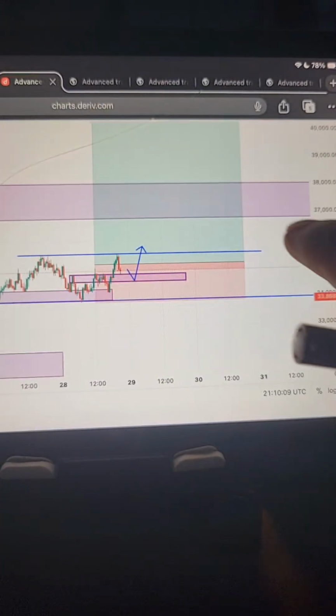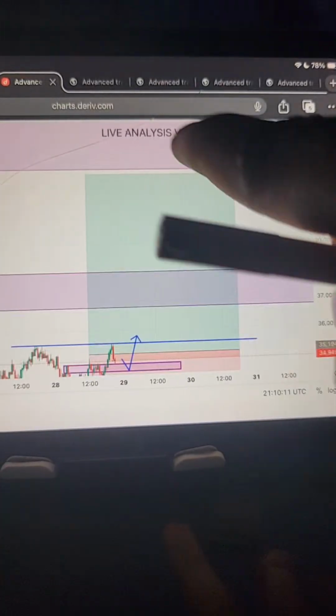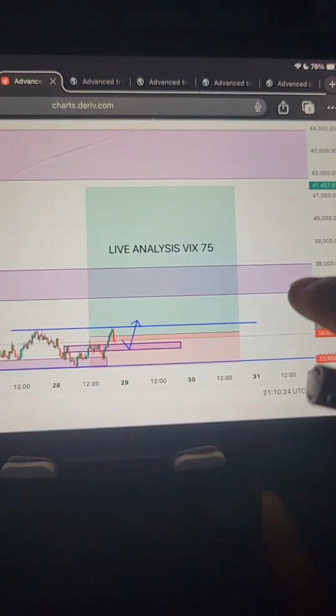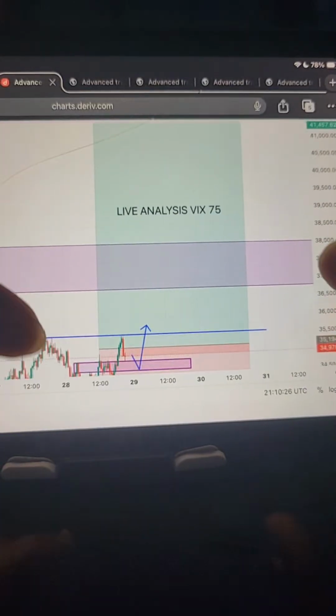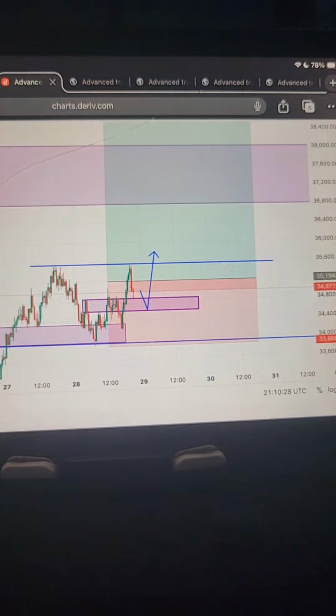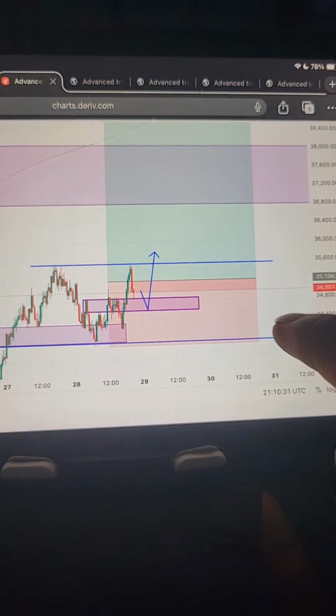The one I was showing you then is VIX 50, but this particular one is volatility 75.